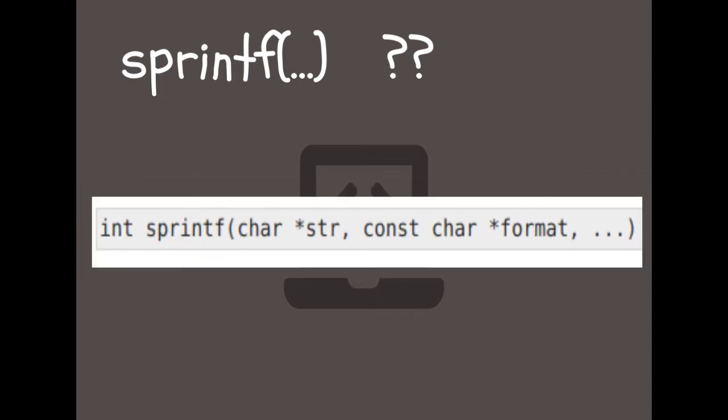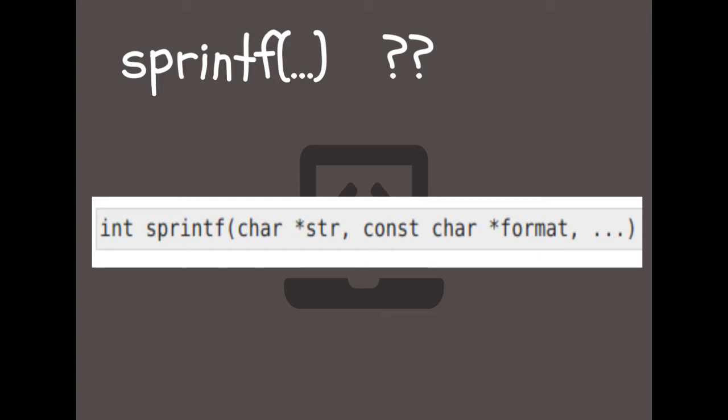But first we are going to take a look at its declaration. Its declaration starts with int as a return type. We will discuss it later, but let's just move on. Next is the name of the function, which is sprintf. As the argument, there are three different sections.